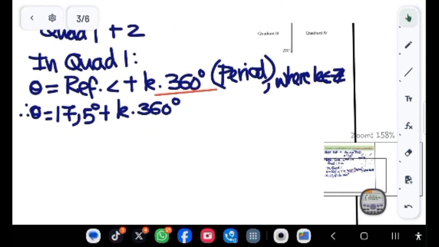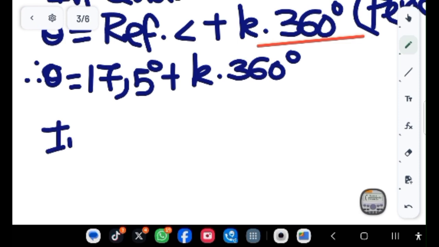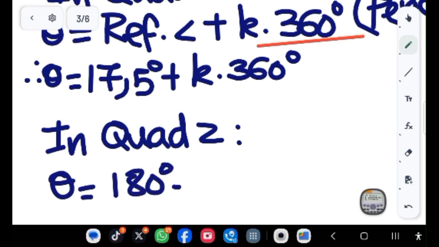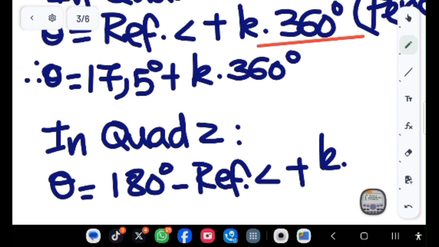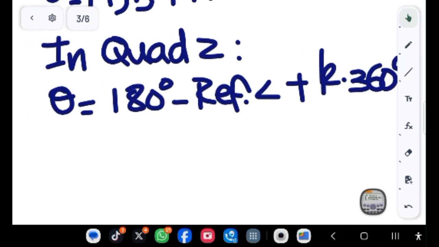Now let's do the same for quadrant 2, because it's also positive in quadrant 2. So in quadrant 2, our angles are expressed as 180 degrees minus theta. So that will be 180 degrees minus the reference angle plus K times 360 degrees, where K is an element of integers.